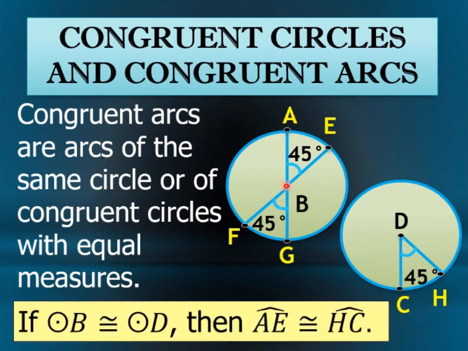So if circle B is congruent to circle D, then the arc AE is congruent to arc HC. The same thing with arc FG, which is congruent to arc HC.